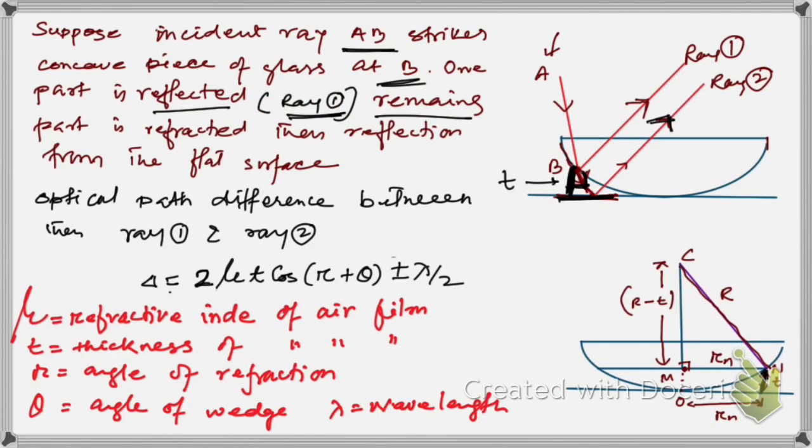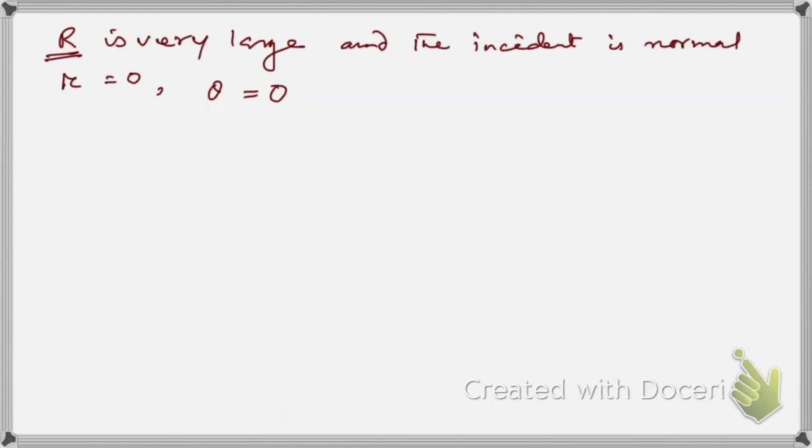In that case this expression can be written as this. We know that cos 0 is 1, so the path difference is equal to 2 mu t plus or minus lambda by 2. This is equation number 1.